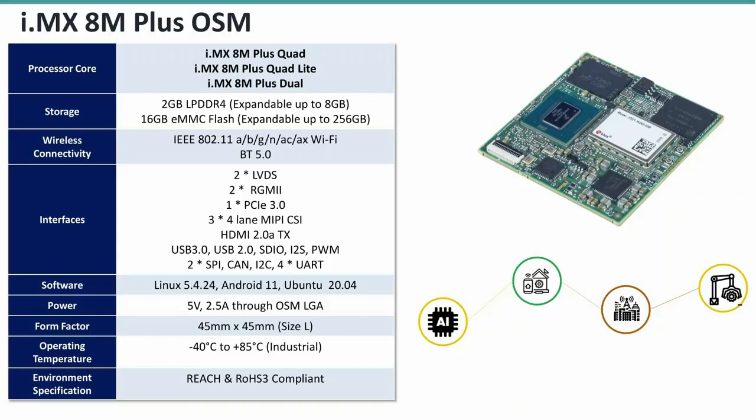This 8M Plus with multiple connectivity options is built on the larger standard, the size L standard of 45 mm by 45 mm. And it is primarily built for edge AI applications, where the image signal processors and the dedicated neural network processor, which I mentioned, find a fit in smart home, smart city, industrial IoT, and machine learning applications.